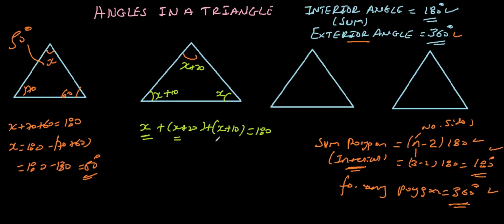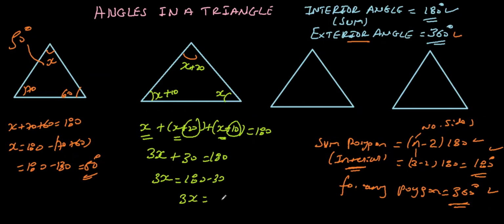So 3x plus 30 is equal to 180, and 3x is equal to 180 minus 30, 3x is equal to 150, and x will be 50 degrees, right? Based on this, you can define this one 50, and this one is also 50, and this is 50.